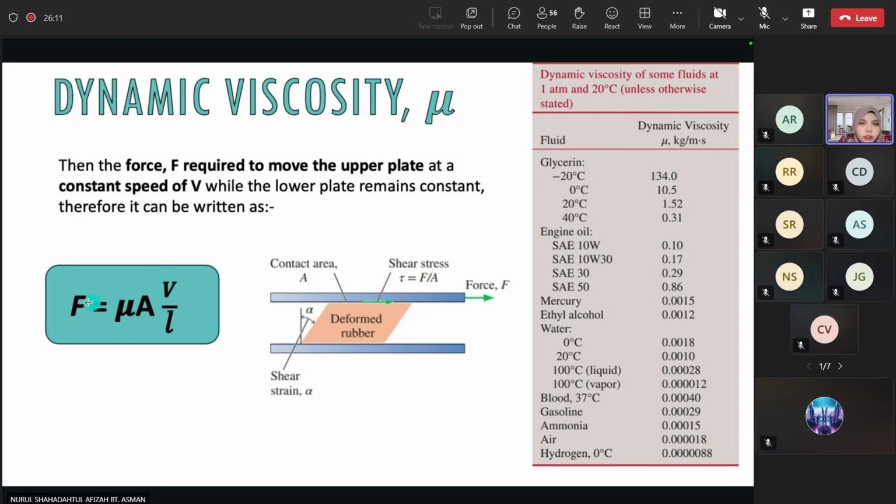Therefore you can write the equation: force equals dynamic viscosity times the area times velocity over L. Don't worry, we'll have an example calculation for more understanding on how to find the dynamic viscosity or the force.